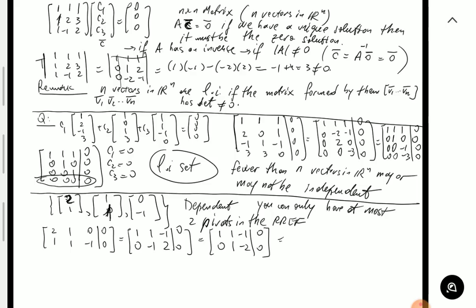And then finally subtract the last row from the first. Minus 1 plus 2 is 1 and 0. Okay, so notice that if I solve now for C1 and C2, C3 is arbitrary.